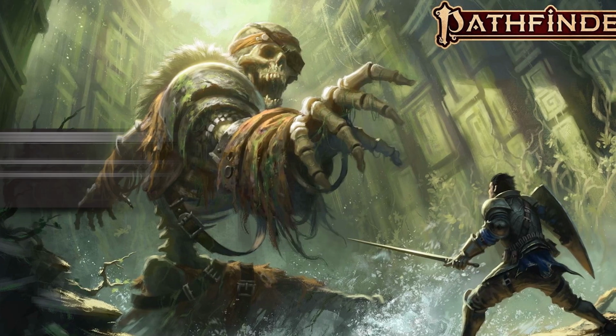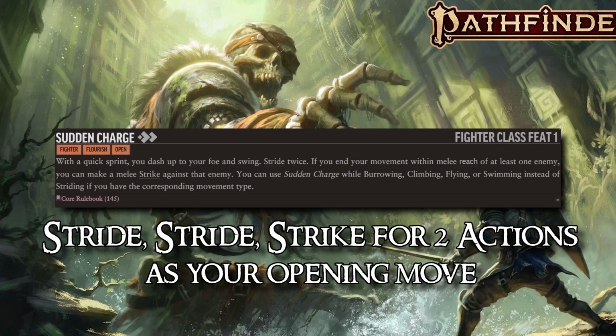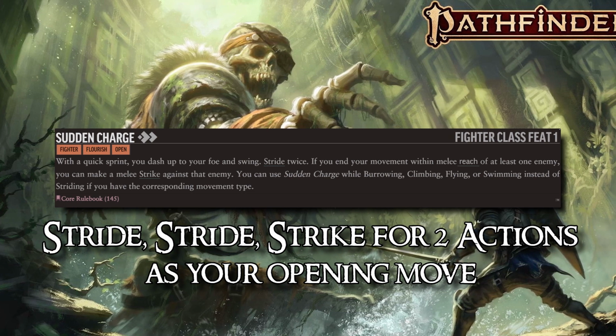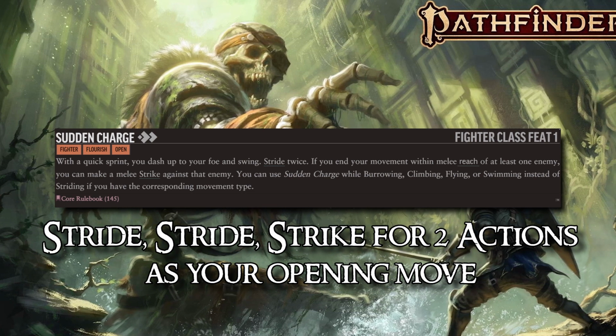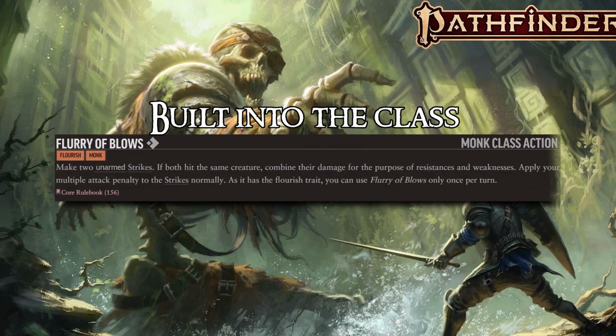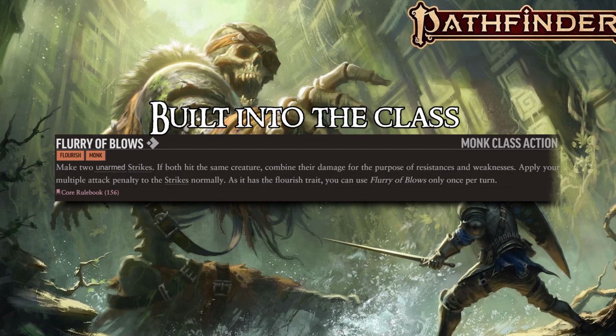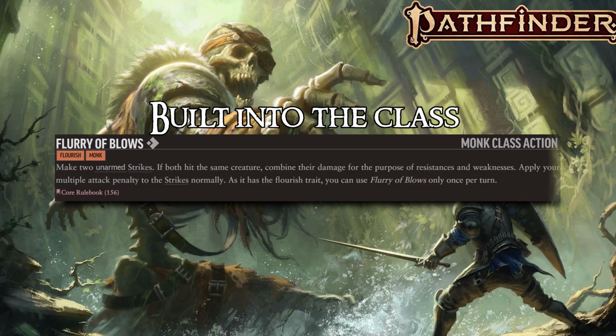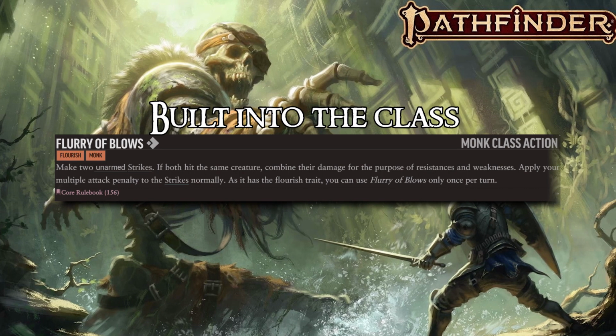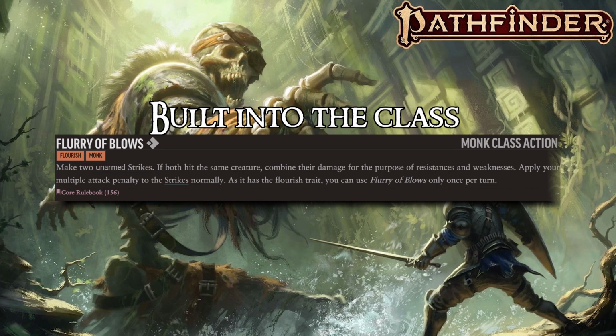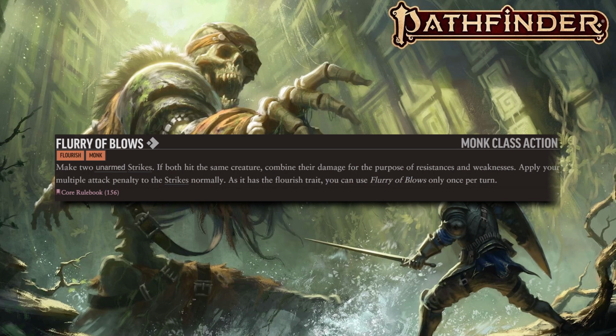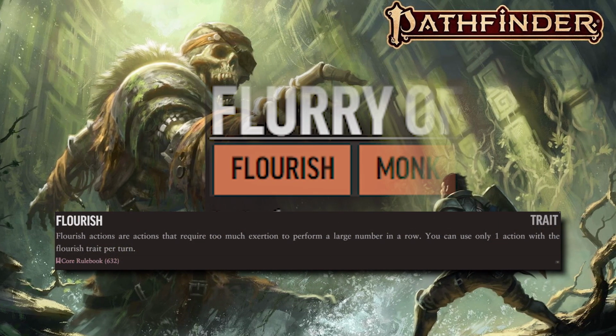Some martial feats combine movement and an attack with 1 or more action points to get the most out of your action economy. But then there are also monks who get Flurry of Blows, which is 2 attacks for 1 action, but you are limited to doing it once a round thanks to the trait called Flourish, which many martial abilities have.